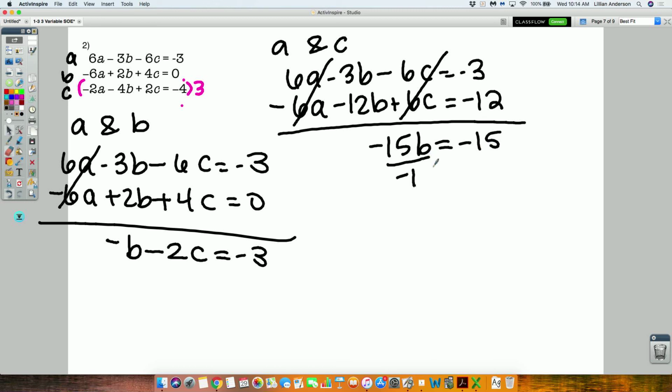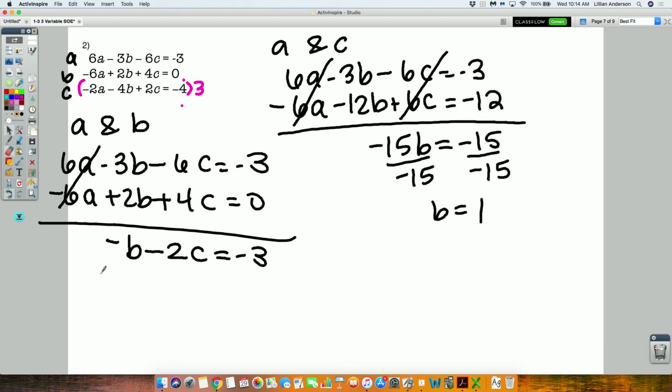It can happen that both of your variables cancel out and you end up solving for one of your variables already. So B is going to equal what? B equals positive 1. Since you have the other equation that's in two variables, you can take that solution and plug it in.